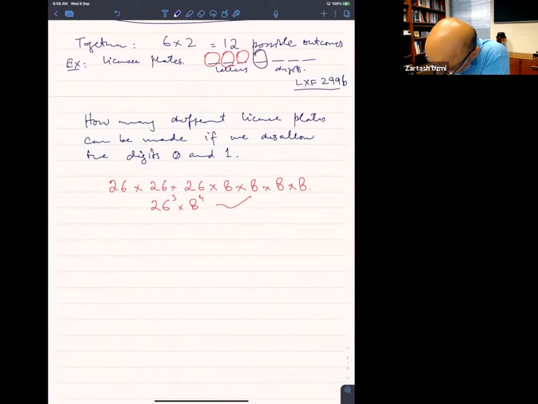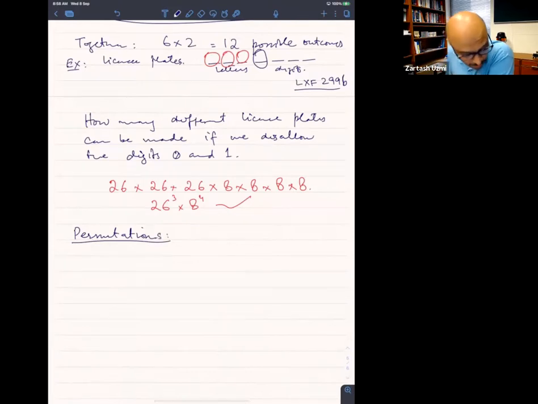So another way to do the counting in some situations is it's called permutations. Permutations is also a facilitation for counting. And what is permutations?